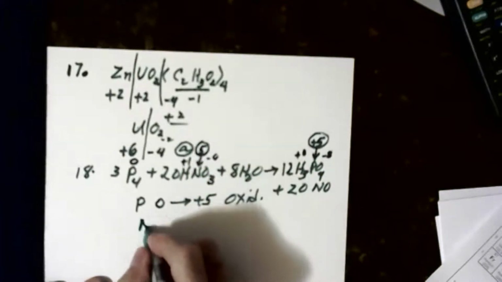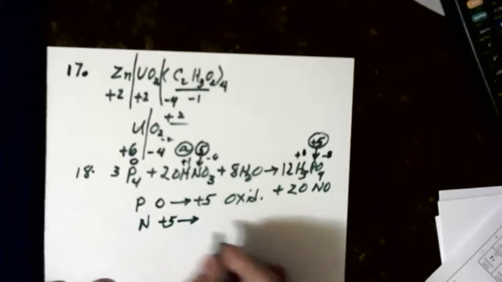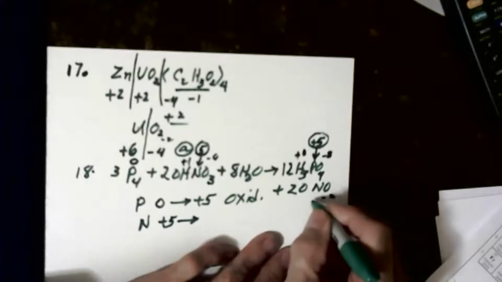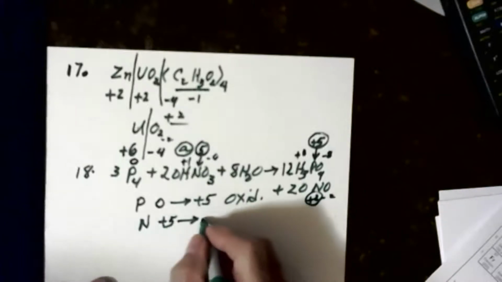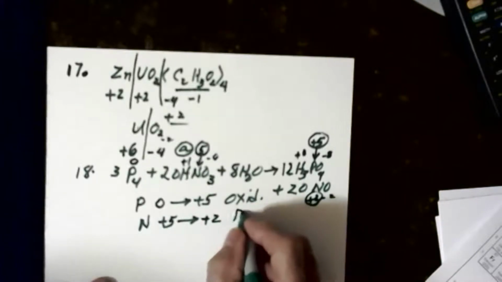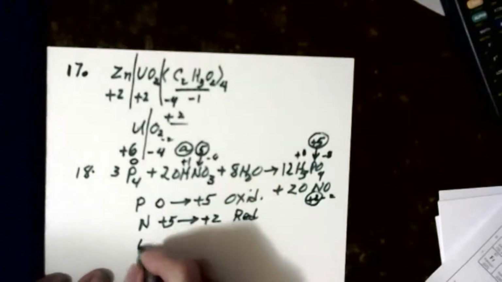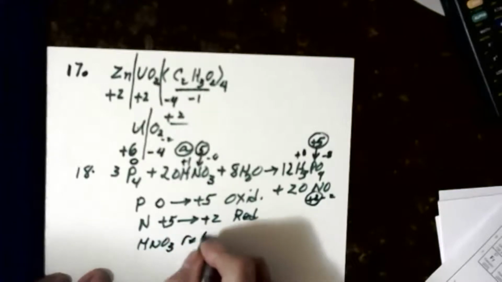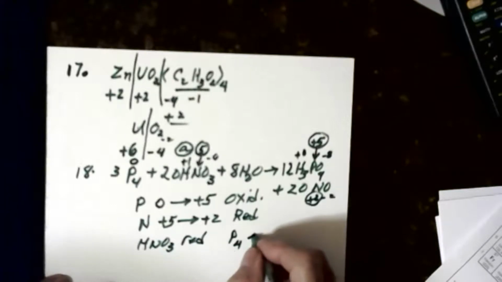So for nitrogen, it goes from +5 to something over there. What is it over here? There's the nitrogens. Oxygen is -2. That means nitrogen has to be +2. So nitrogen goes from +5 to +2. That's reduction. So that means that this species, HNO3, is reduced, and phosphorus, P4, is oxidized.